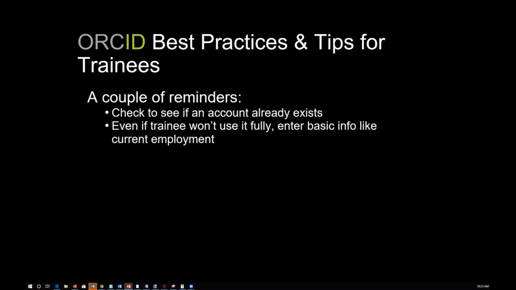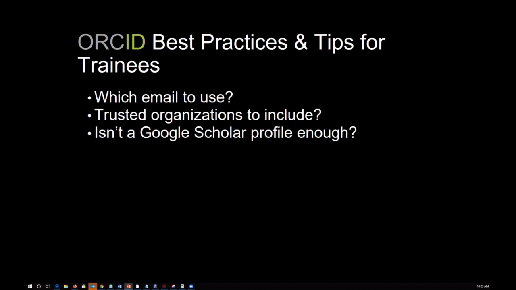If somebody thinks they might have 2 ORCID IDs, I'm not going to tell you how to fix it. I'm going to tell you contact the library and we'll help them figure out how to combine those 2 accounts. ORCID has a way to do that. I think they figured out that they get maybe a few too many of those questions.